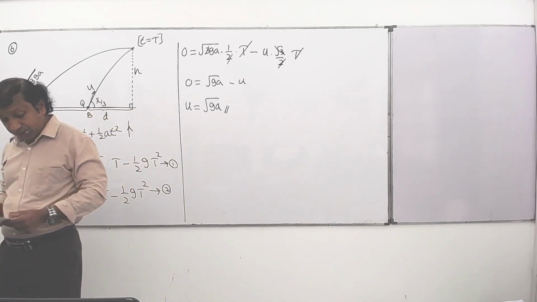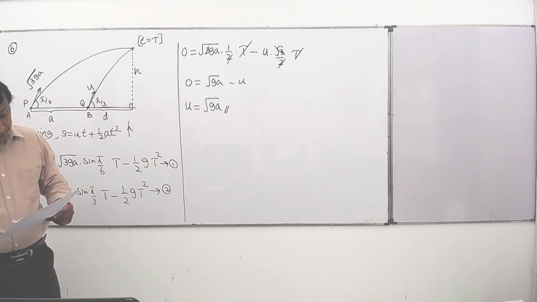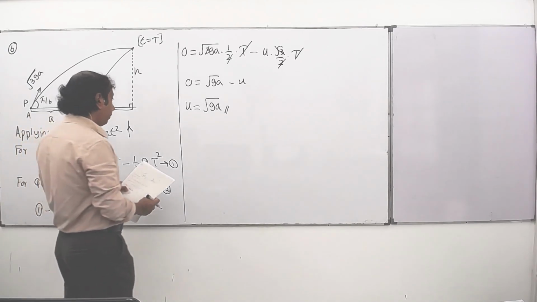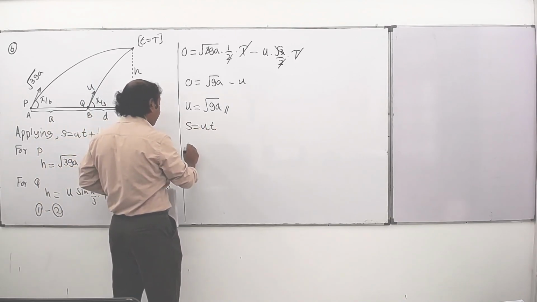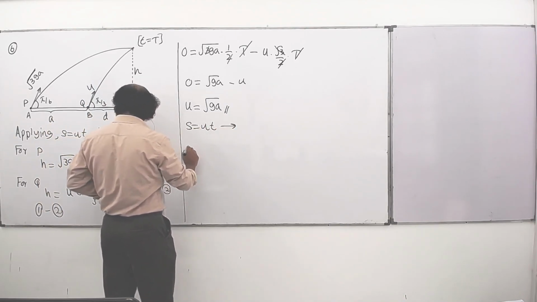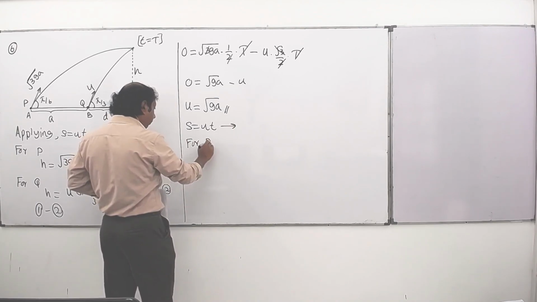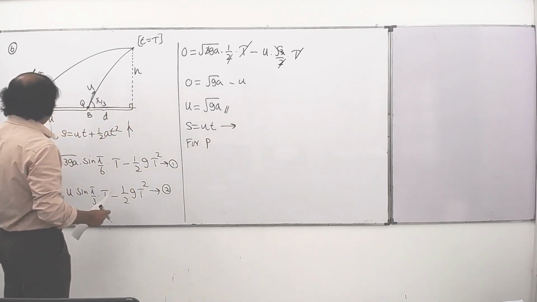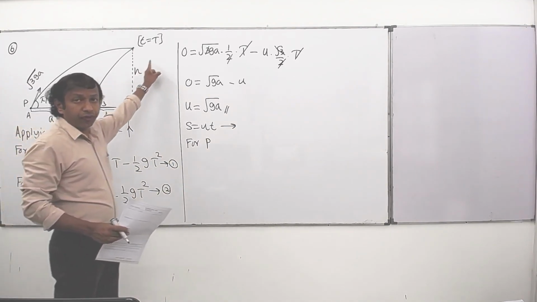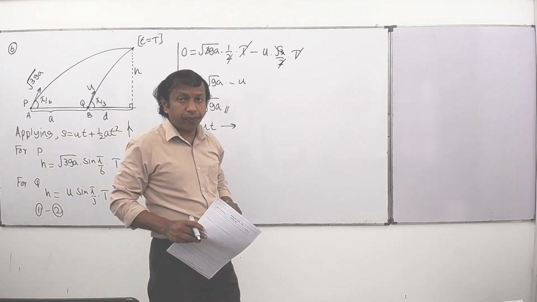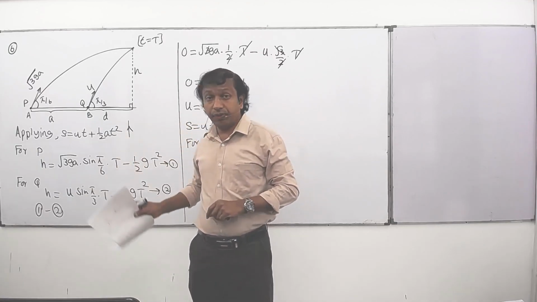Secondly, people asking what, find T in terms of a and g. Right. Now you can write. Now we apply S equals ut horizontally. P moves rightward from here to here just before the collision. Horizontal displacement a plus d.